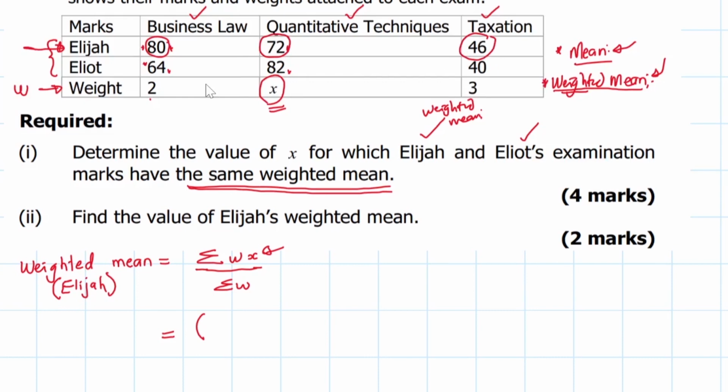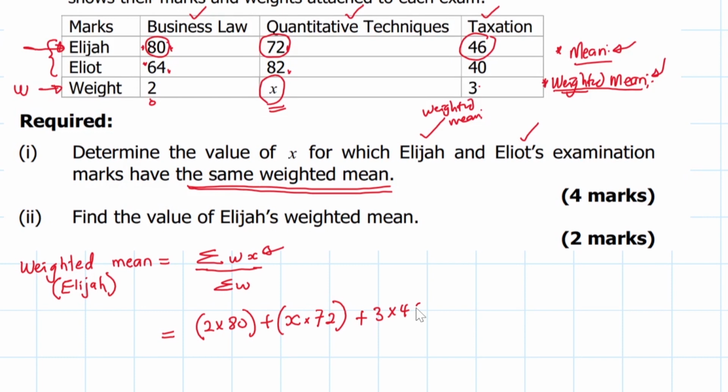So for Elijah, it's going to be the weight, which here is 2, times 80, plus x times 72, plus 3 times 46.